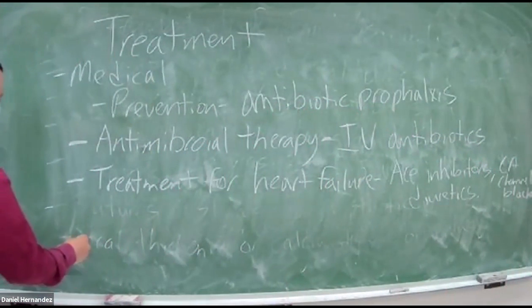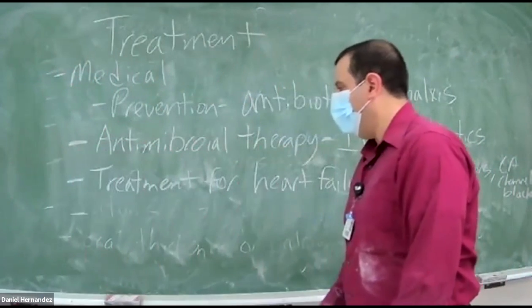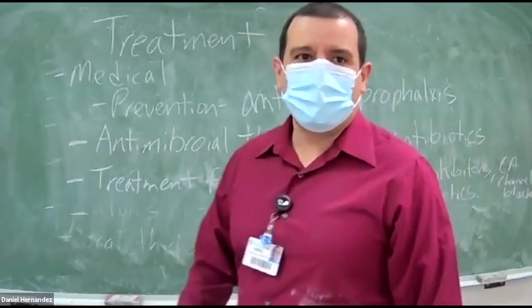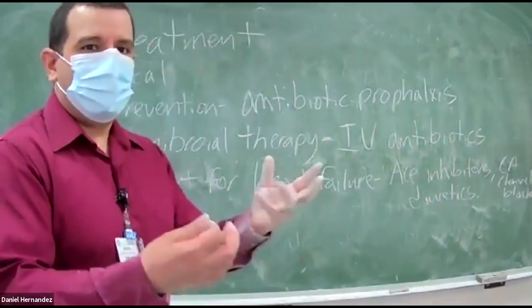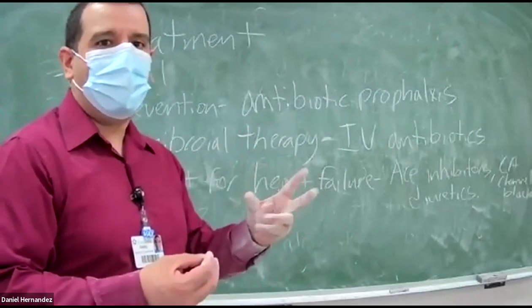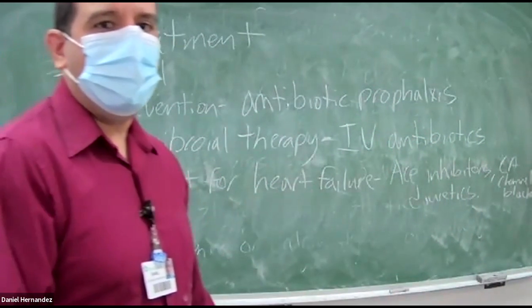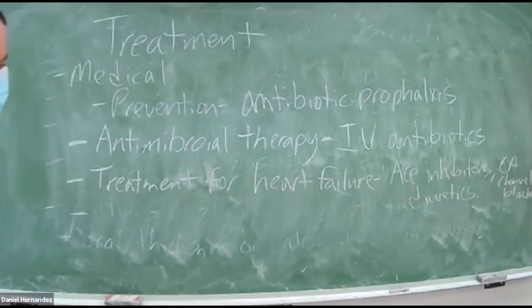And then the last medical treatment could potentially be anticoagulation if clinically indicated. So if they've had embolic ischemic events where those vegetations have gone to the distal extremities and they have hemodynamic compromise in their extremities, we need to anticoagulate them to try and increase perfusion to the extremities.